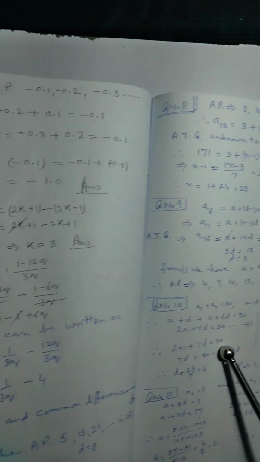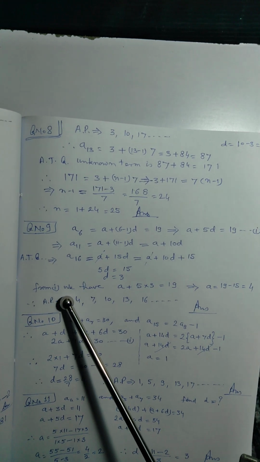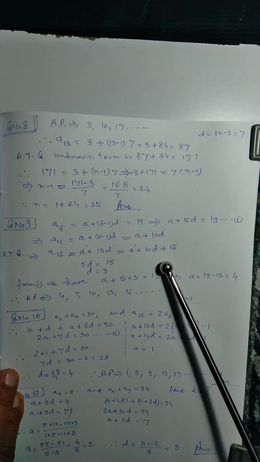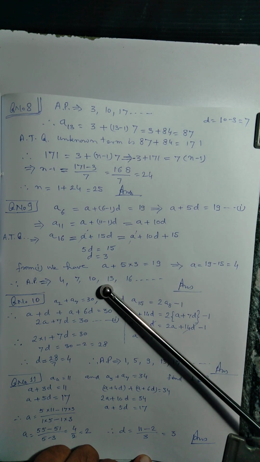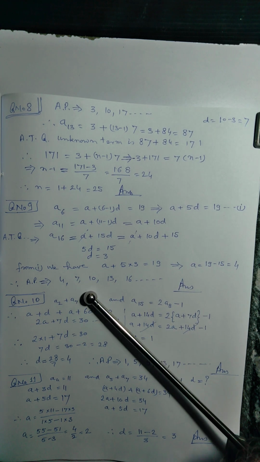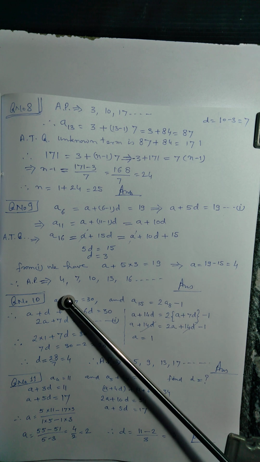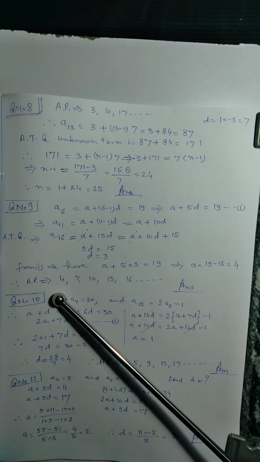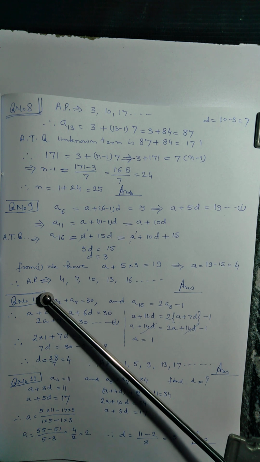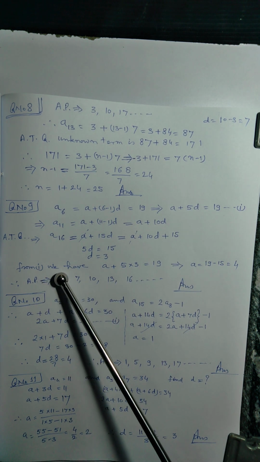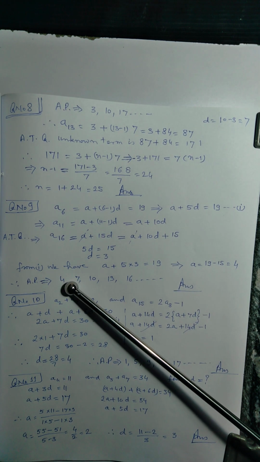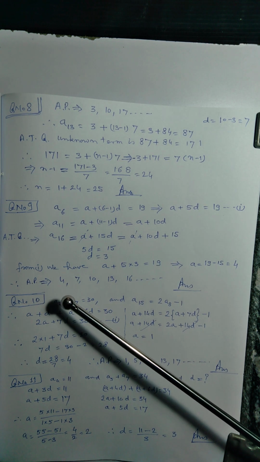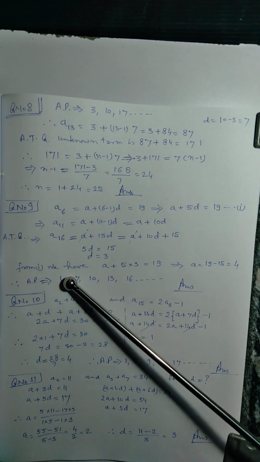Now proceed to question number 8. It states: which term of the AP 3, 10, 17 and so on will be 84 more than the 13th term?